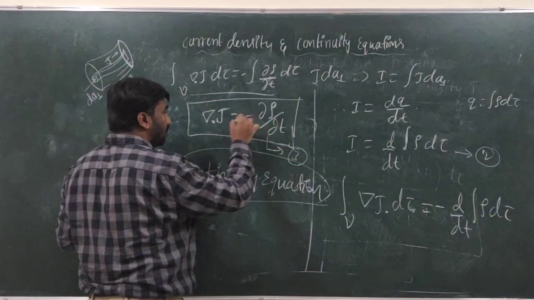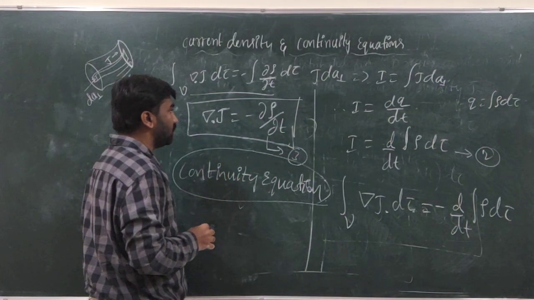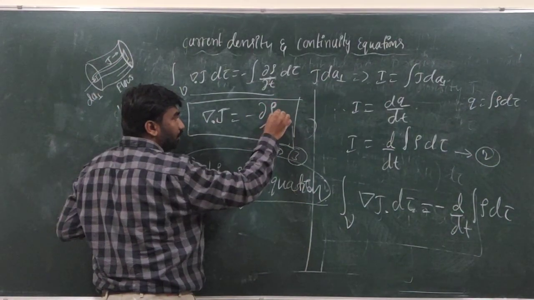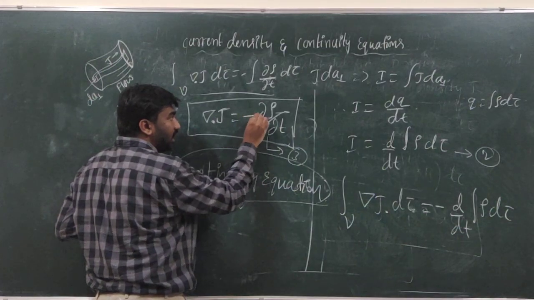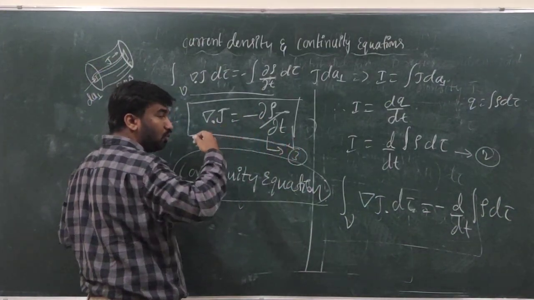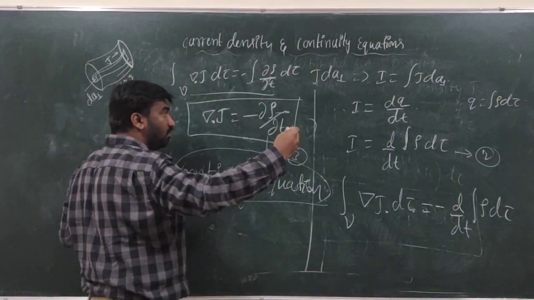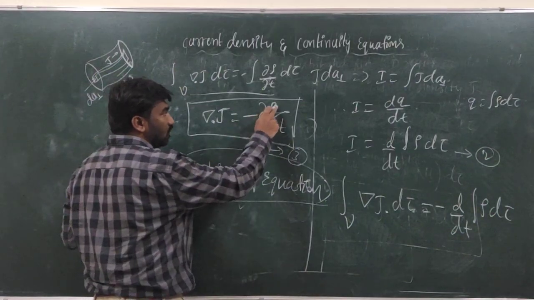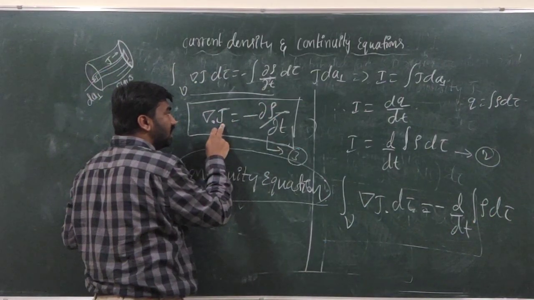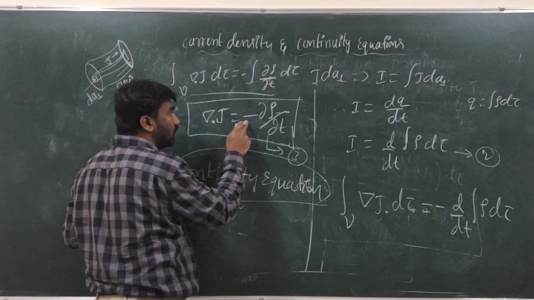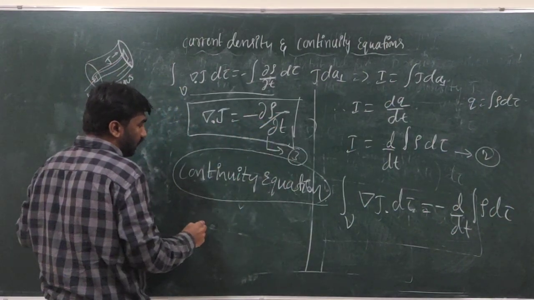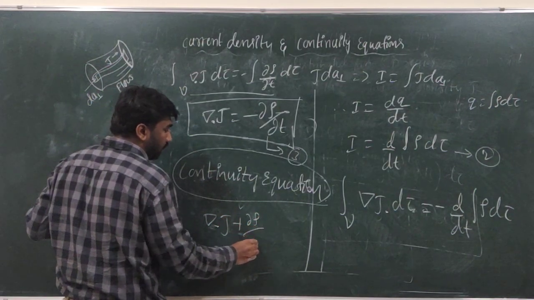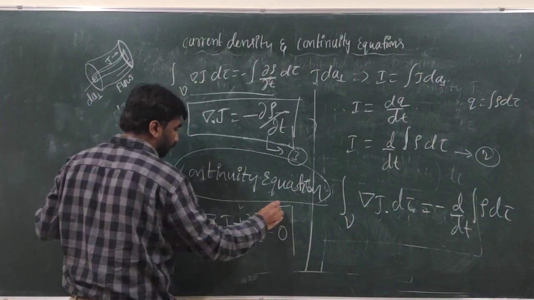It also gives the law of conservation of charge. The minus sign indicates that when the current is moving across a small volume, the charge left over in the volume decreases. So del dot J is equal to minus dou rho divided by dou t, or we can also write del dot J plus dou rho divided by dou t is equal to 0.